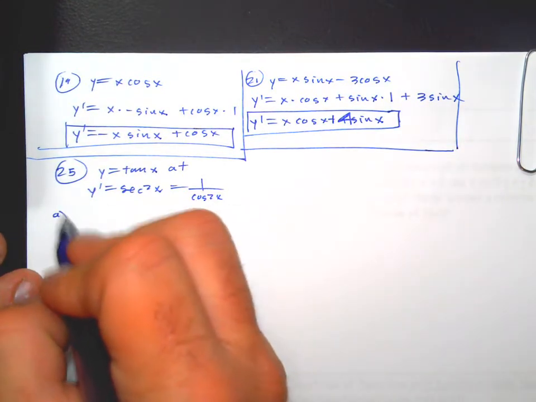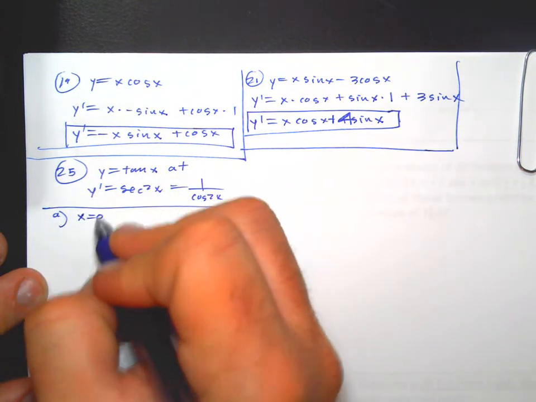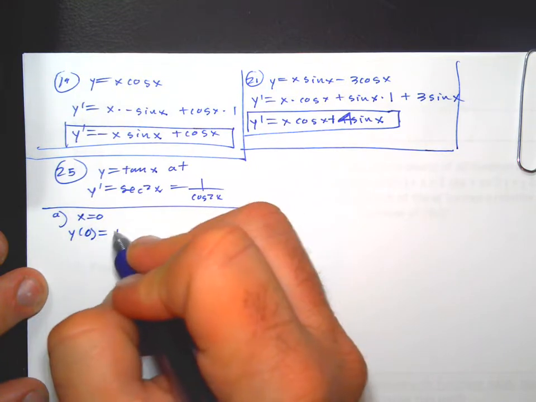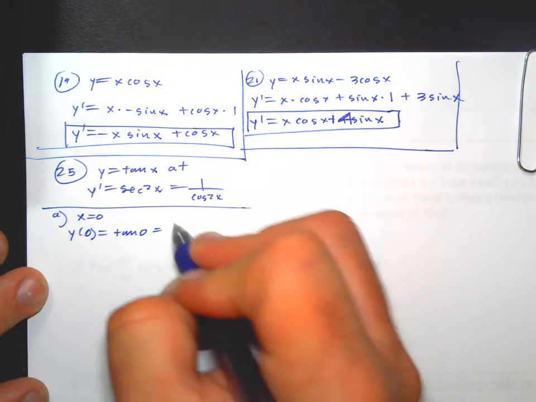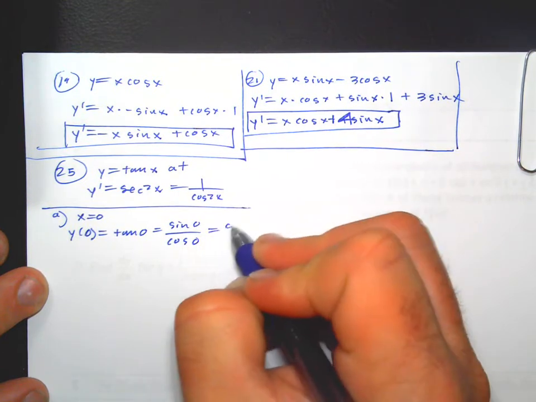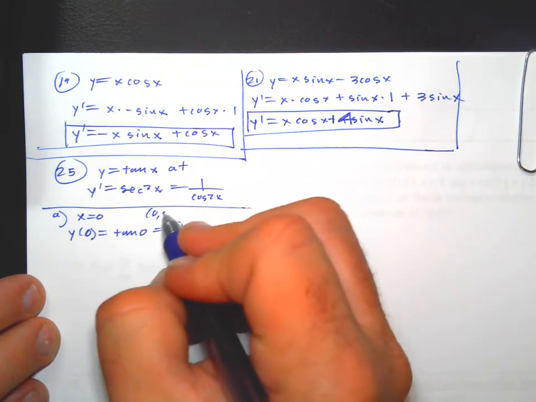So for part A, it's x equals 0. So you got to find the coordinates. Tangent 0, sine of 0 over cosine of 0, 0 over 1 is 0. So 0, 0.